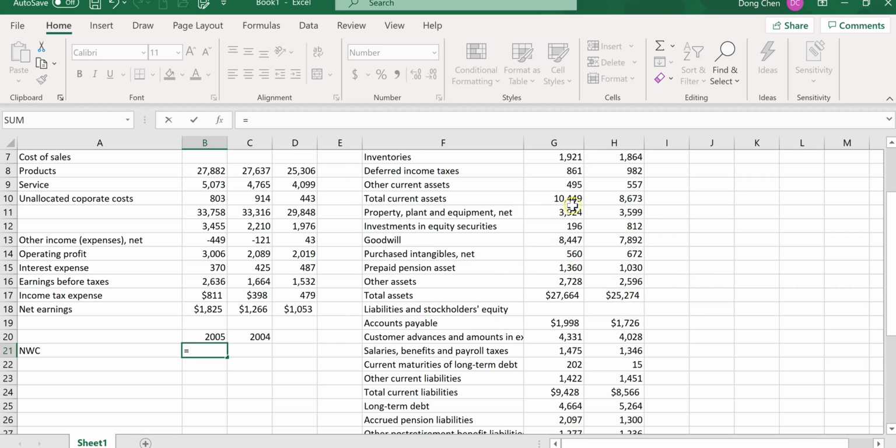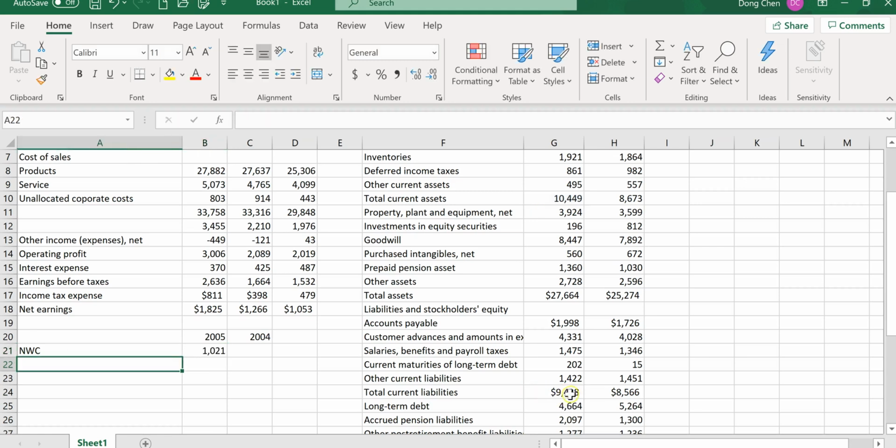So here, this is the 2005 total current assets, minus the total current liabilities, G24. That's the 2005 net working capital, and just pull the cell to 2004, and that's my NWC for the 2004 number.